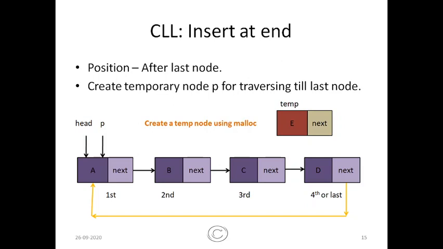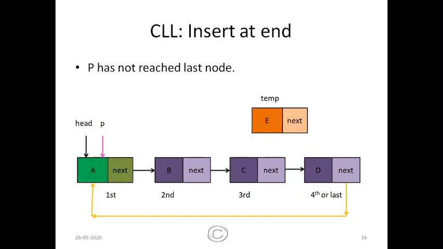As you can see here, we travel first till the last node, and then we reassign the links. So you have to travel to the last node. We take another pointer p.